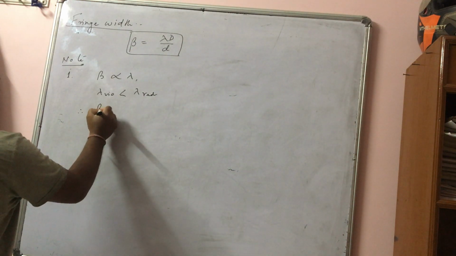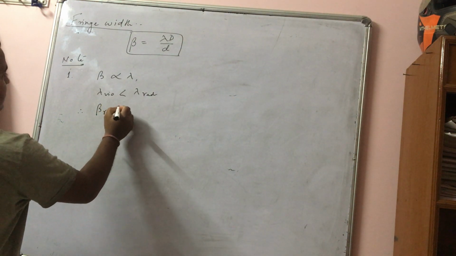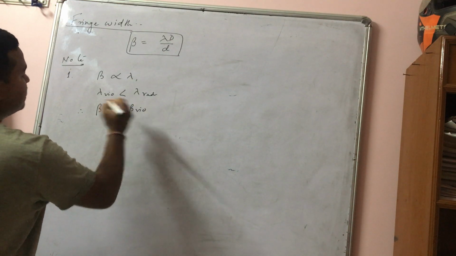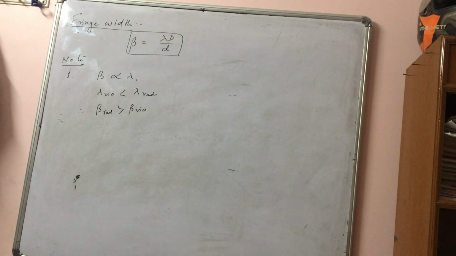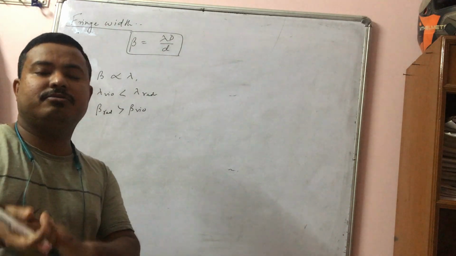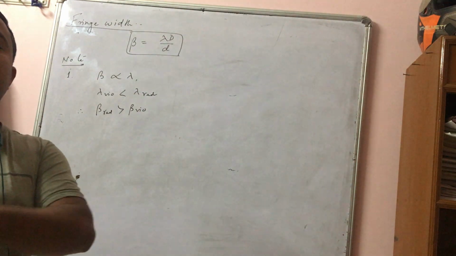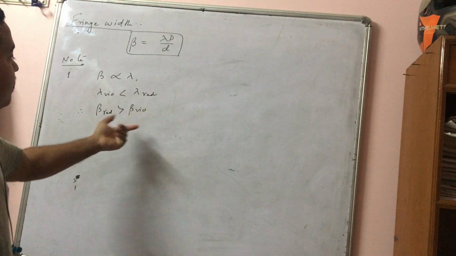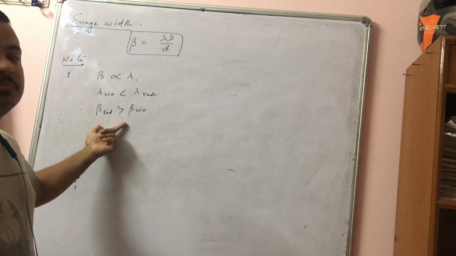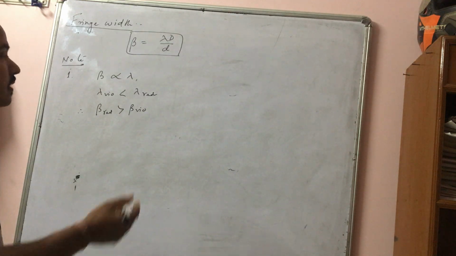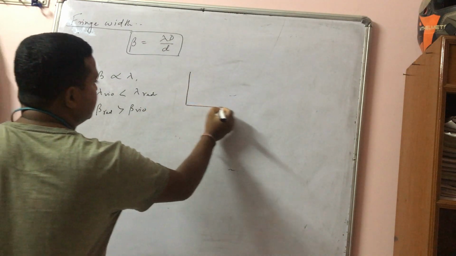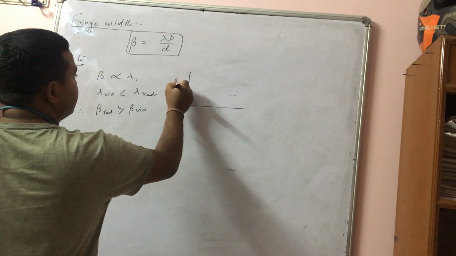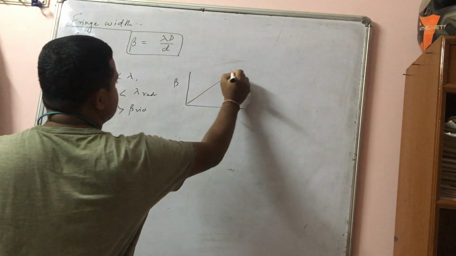Therefore beta for red is greater than beta for violet. That means if we use monochromatic light of different colors, red light, blue light, or green light, you will get fringes of different width, because width is proportional to lambda. So if you plot a graph between beta and lambda, it will obviously be a straight line.